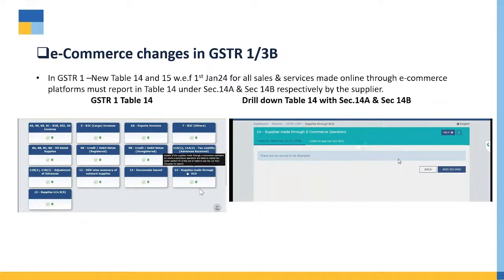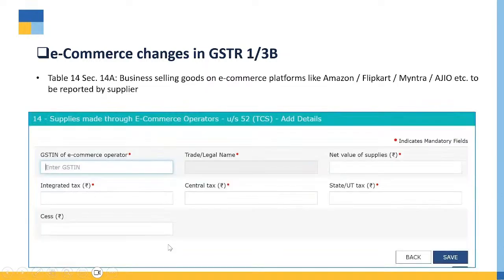So table 14, as we say, is about all the sales and services made online through e-commerce platforms by the supplier, and it has to be updated in this. So when you further drill down to section 14A and 14B, what are the details the department is looking for? Table 14's section 14A covers businesses selling goods on e-commerce platforms like Amazon, Flipkart, Myntra, Jio, Ajio, to be reported by the supplier.